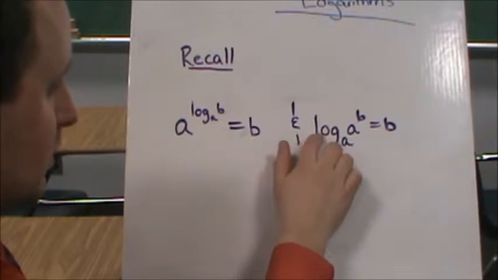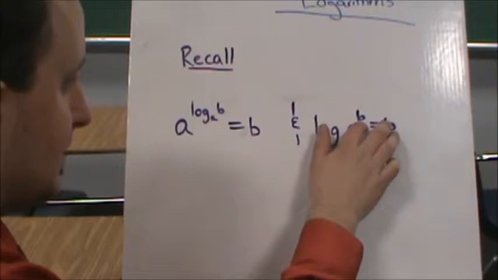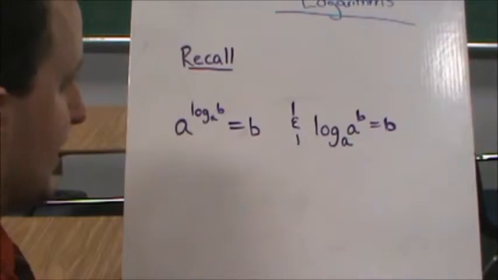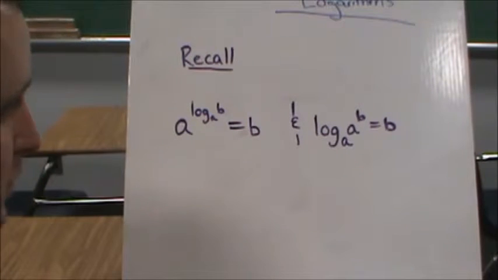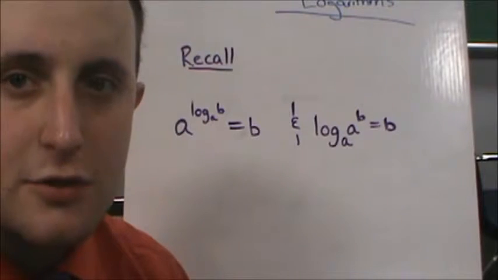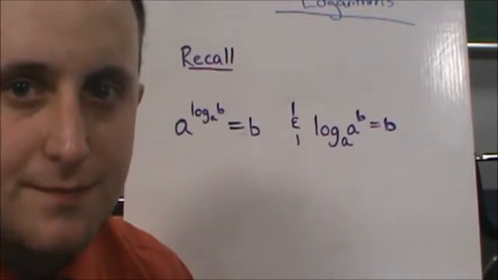And the same is true when we take a logarithm with base a of a to the bth power. The logarithm and the exponential cancel, leaving us with our exponent b. So those are four general properties that you should familiarize yourself with for this section.